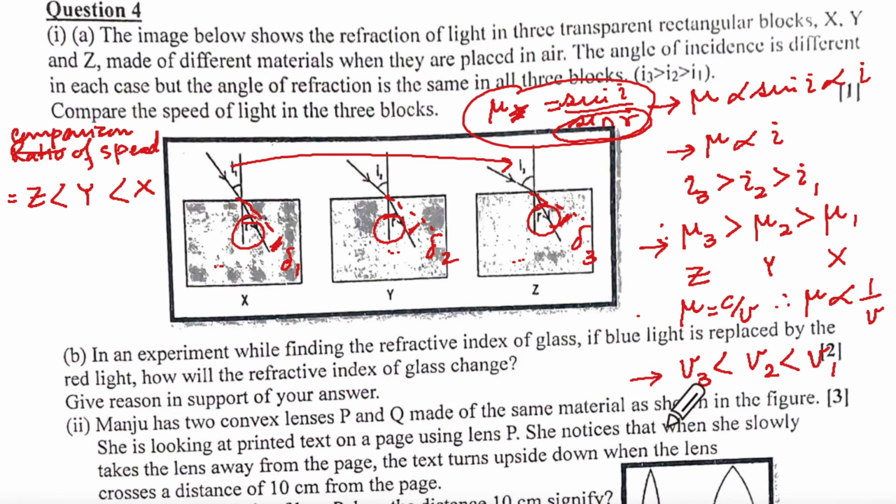The other option is to look at the refraction taking place: bending will be more because refraction is more. The degree of refraction will be more means refractive index is more. What does refractive index mean? Which is giving more refraction. More refraction means more bending.